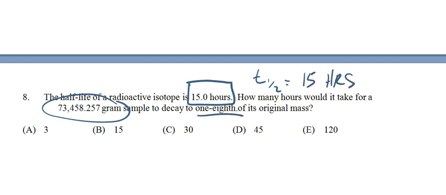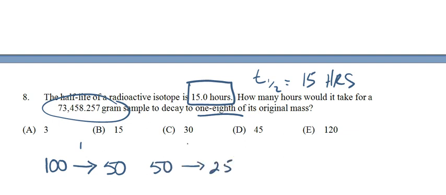And it wants to know 1/8 of the original mass. Okay. So if we start off with 100%, and then we go to 50%, it's 1 half-life. Then if we go from 50% to 25%, there's 2 half-lives. And then if we go from 25% to 12.5%, there's 3 half-lives.